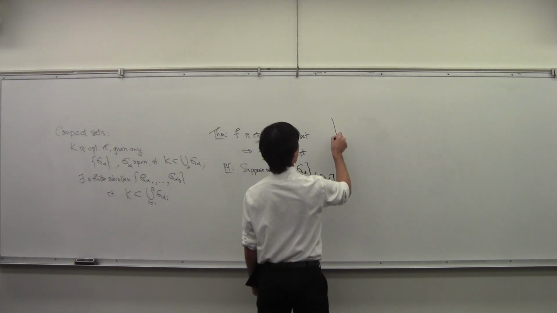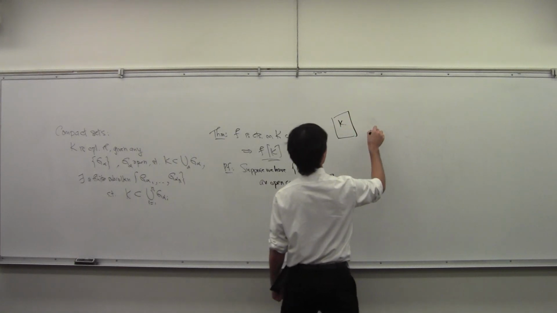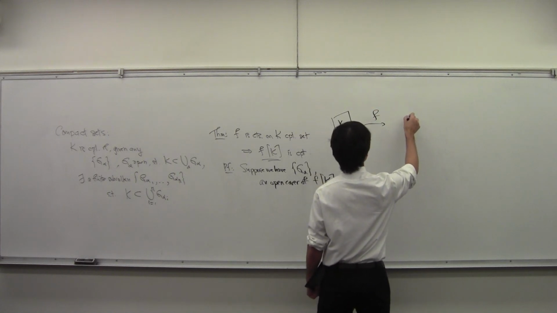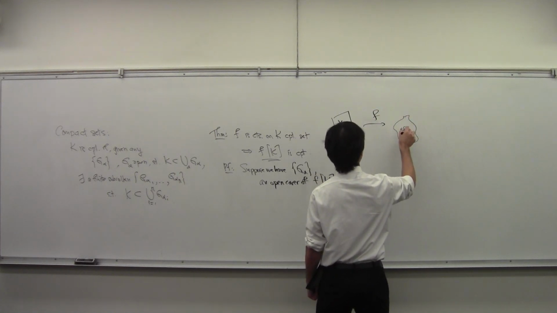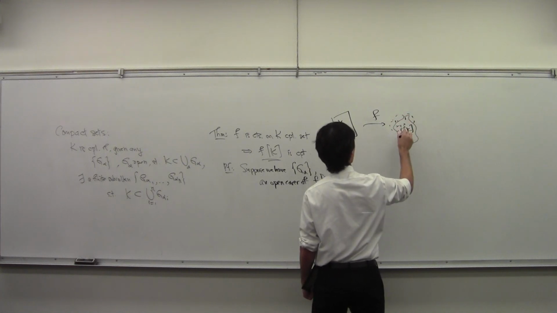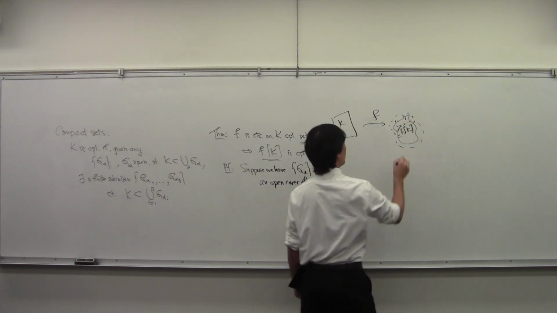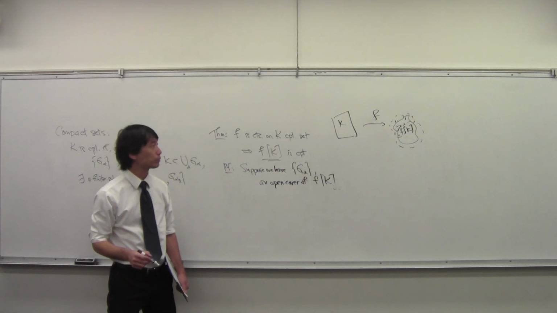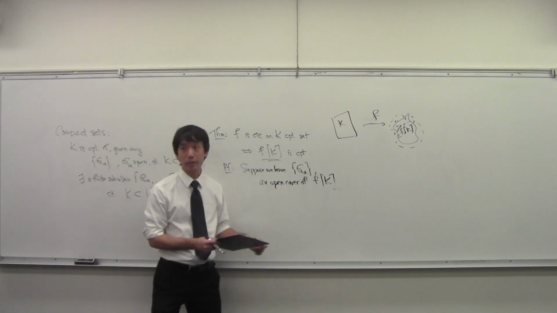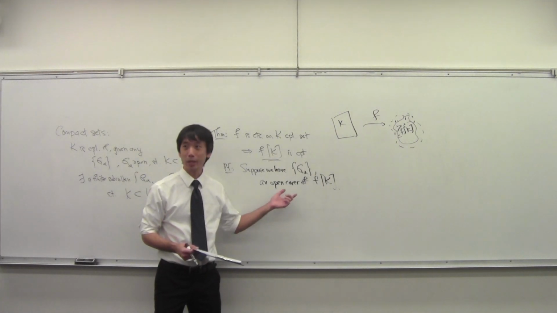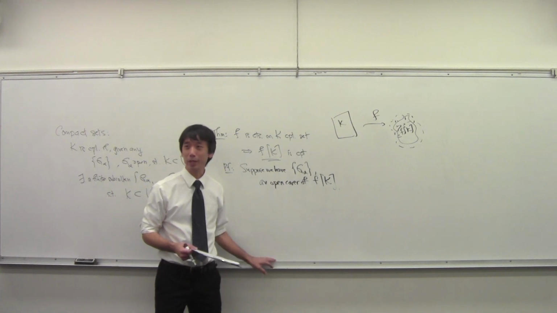Okay, so there's K, our compact set, right? And then F maps it to some set over here, F of K. And suppose we have some open cover of the image. We want to see that there's a finite subcover of that image. So how do we? Did anybody figure it out? Nick.